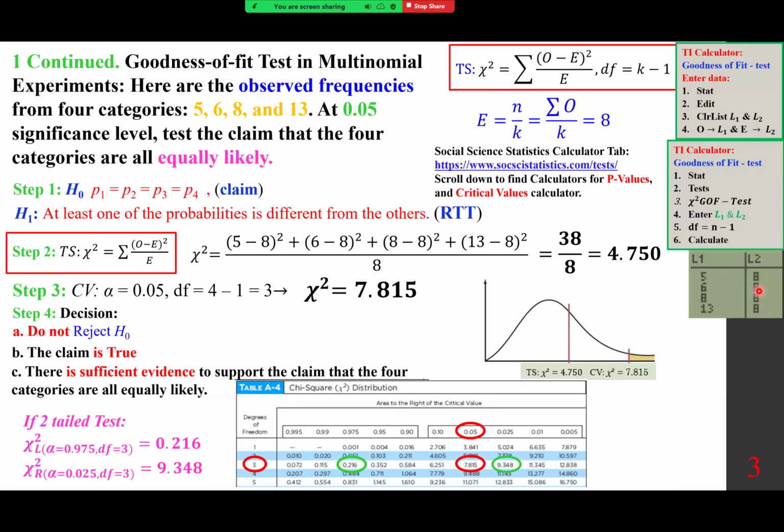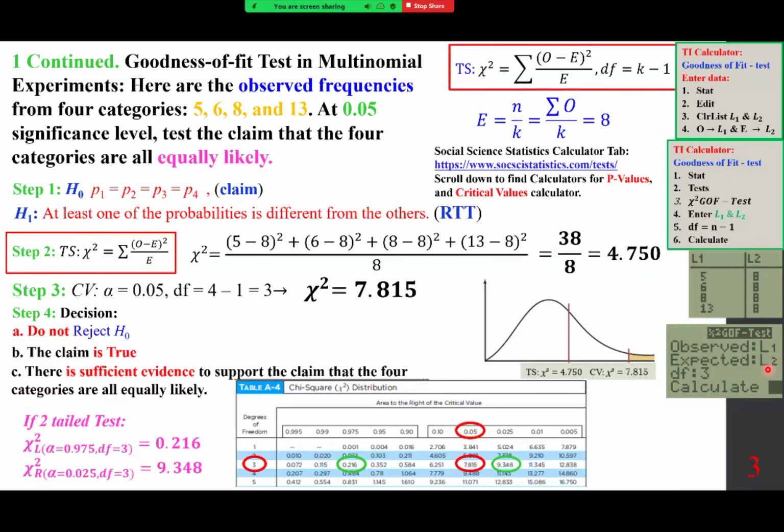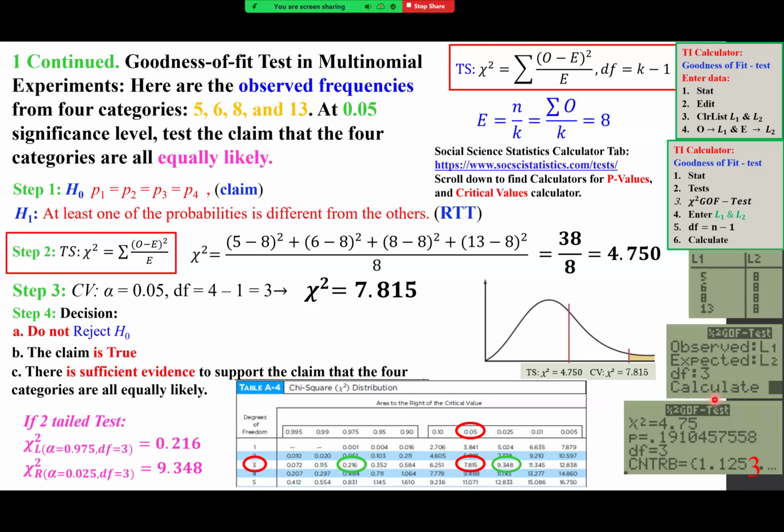After we enter those two, then chi-squared goodness of fit test observed is L1, expected is L2. It picks up those automatically. You really don't have to do anything if you always stick with L1 and L2. Degrees of freedom, you choose it, which becomes 3. You do the calculation. And here's the calculation. What do we get?